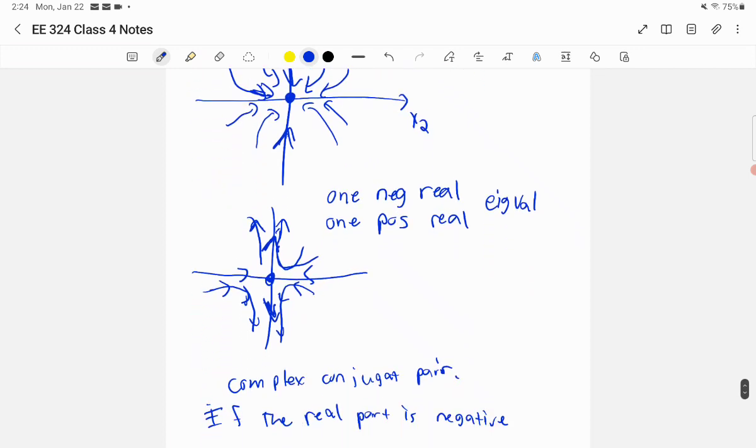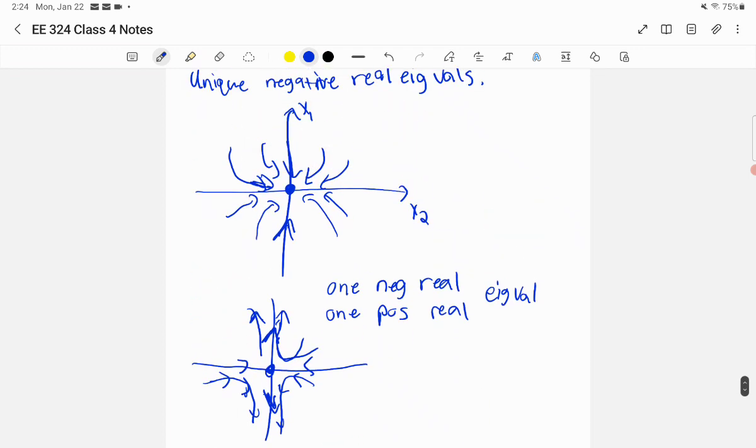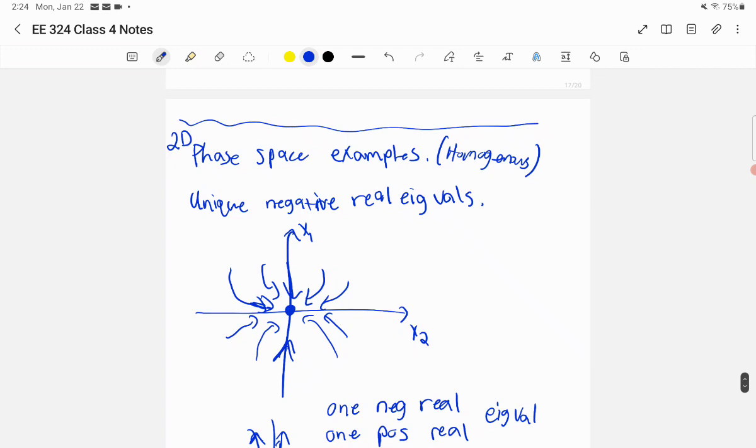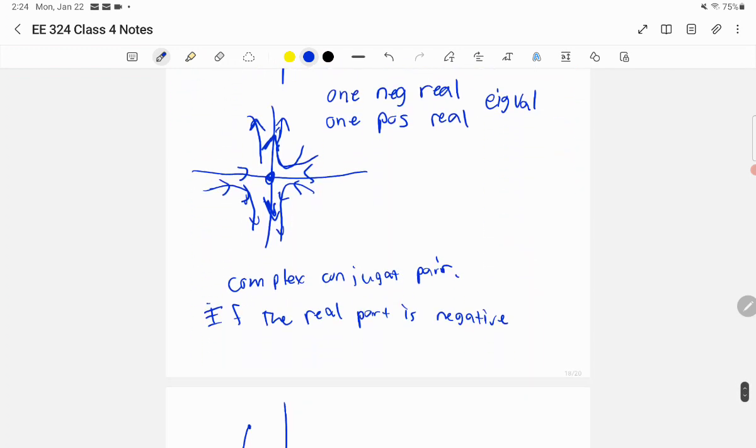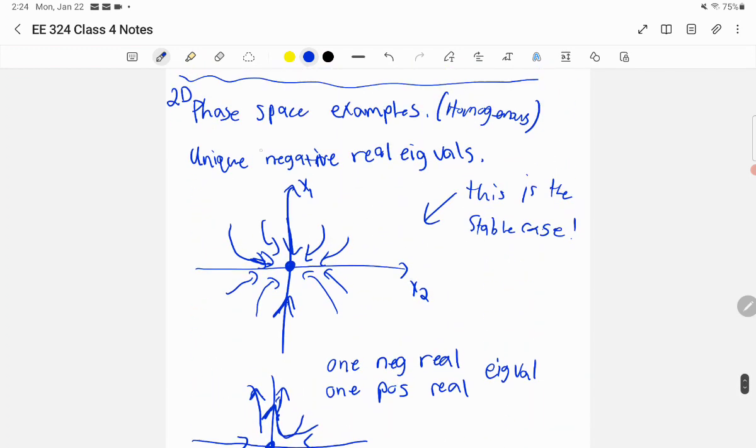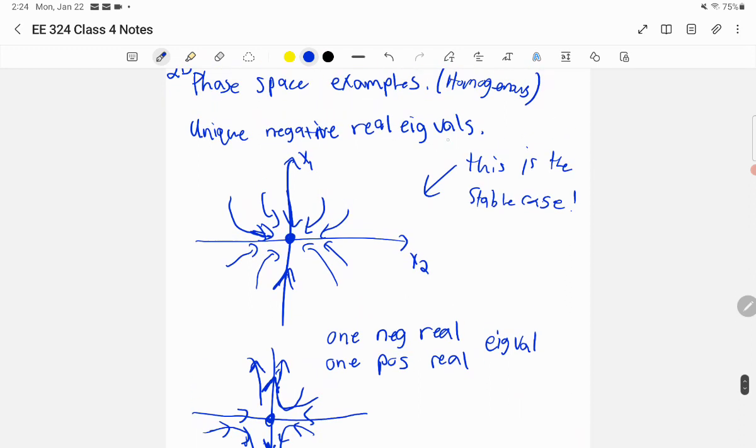But the stability of that fixed point is related to this, and it's only stable. This is the stable case. If the real part of the eigenvalues is negative.